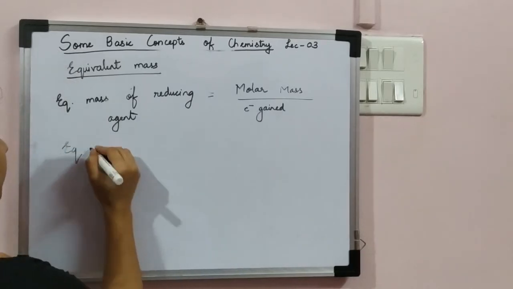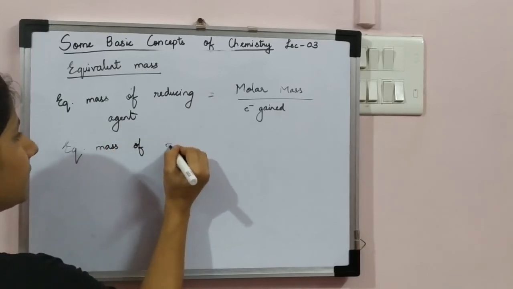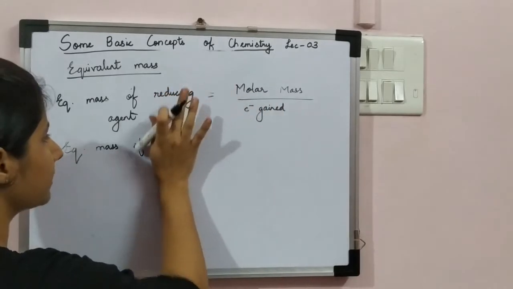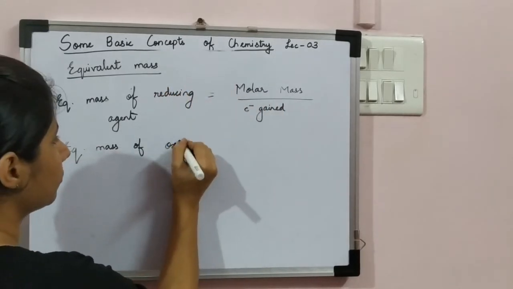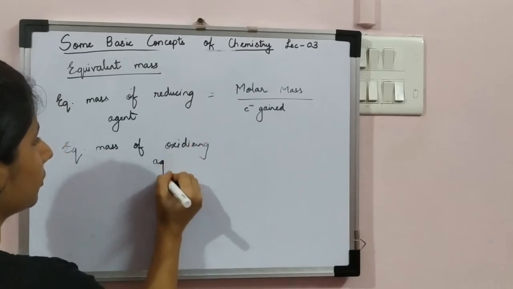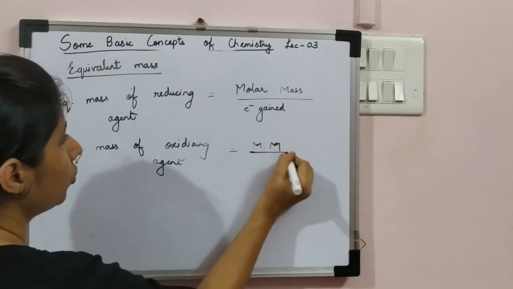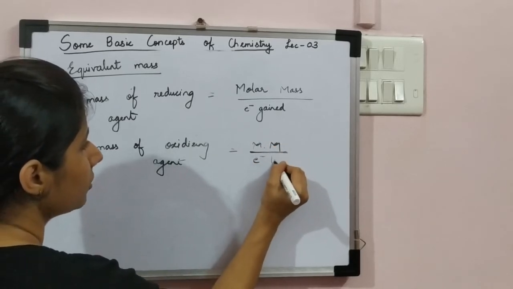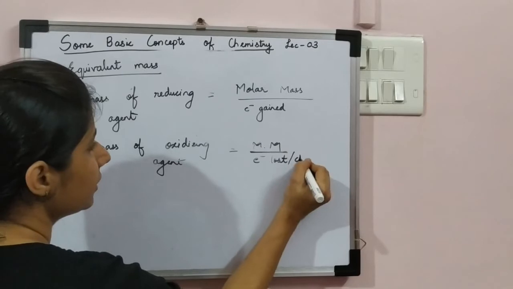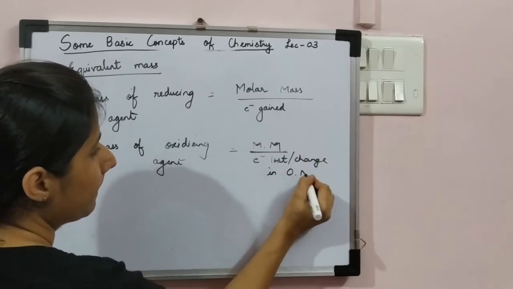Similarly, the equivalent mass of an oxidizing agent would be the molar mass upon the total electrons lost or change in oxidation number.